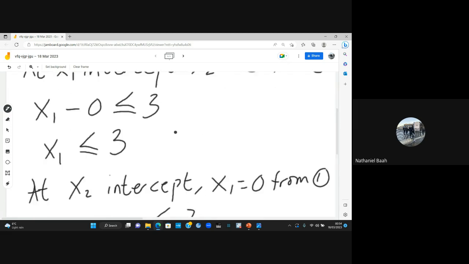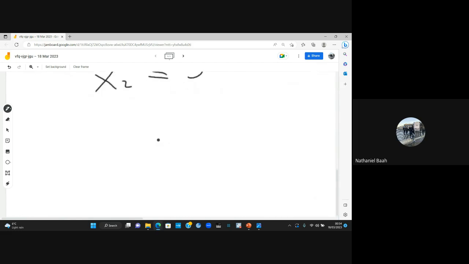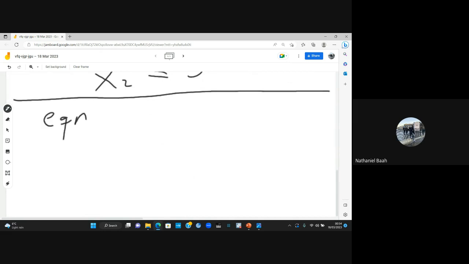Now that we are done with equation 1, let's focus on equation 2. Same as what we did in equation 1, from equation 2, we are going to find the x1 intercept, then x2 should be equal to 0.